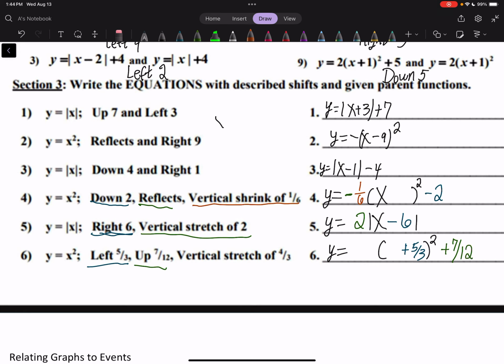And lastly, I want a vertical stretch of 4/3. 4/3 on the outside. I'm going to rewrite that 4/3 because I don't like the way that looks there. There we go. 4/3, I put the x on the inside, and I am finished.